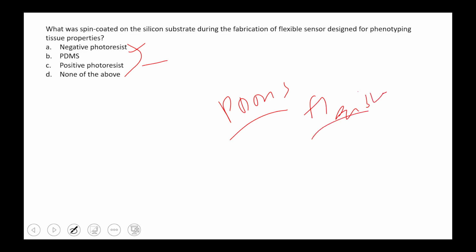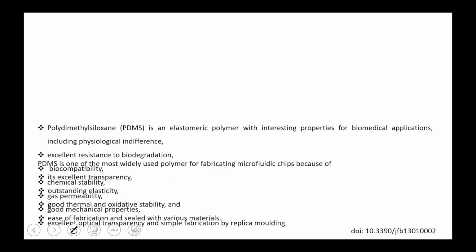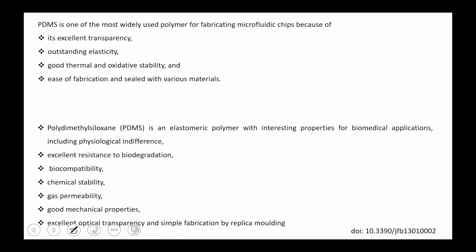Okay, so why do we use PDMS? PDMS is one of the most widely used polymers for fabricating microfluidic chips because of its optical transparency. So it is transparent. We can see through it with the naked eye, like glass or ITO coated substrate, FTO.